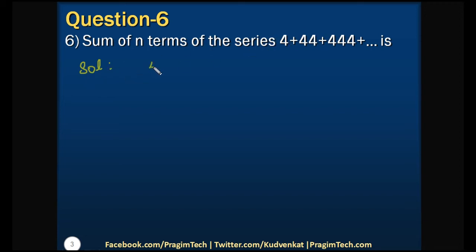If you take 4 as a common factor, it will be 1 plus 11 plus 111 and so on up to n terms. In order to convert the given series into a progression, let us multiply and divide the given series by 9.